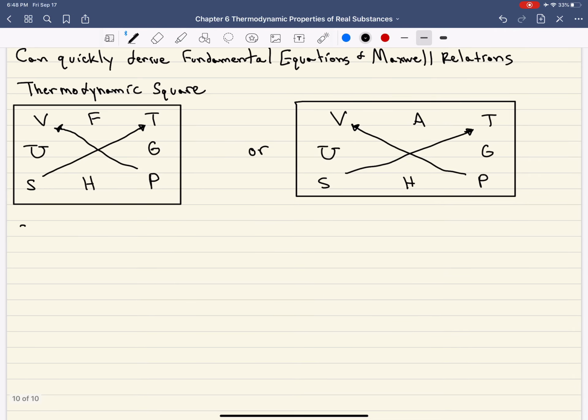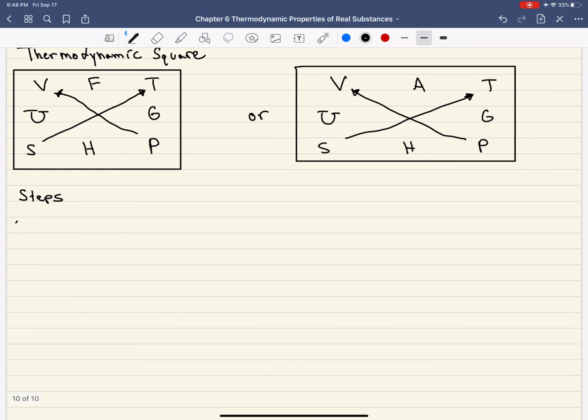Let me write this out. To construct a thermodynamic square, here are the steps. You would draw something like this in this order, with the arrows pointing this way. And this is how you would use it. The first step is you pick an energy. Let's say you wanted to derive the fundamental equation for internal energy really quick.